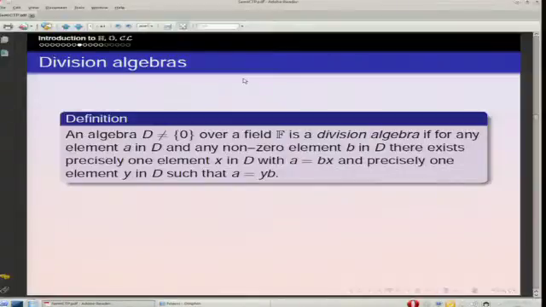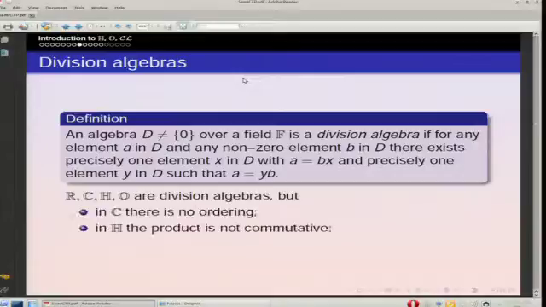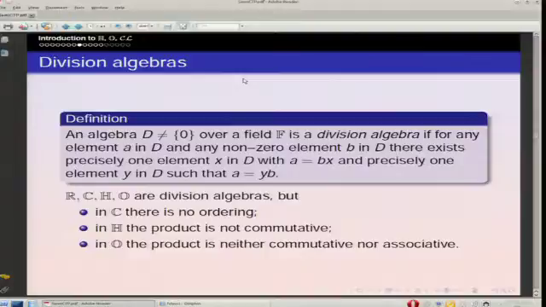So, as I anticipated last time, these are examples of division algebras: C is like R2, the quaternions are like R4. The product in the quaternions is not commutative, and in the octonions it is neither commutative nor associative.